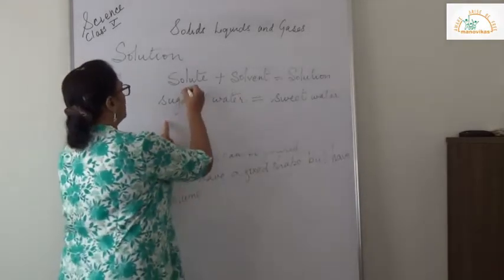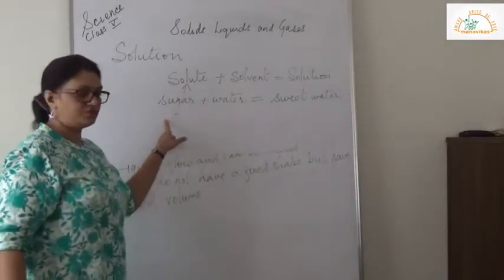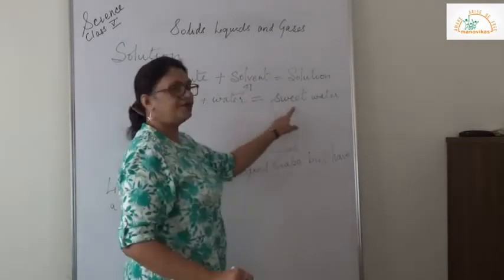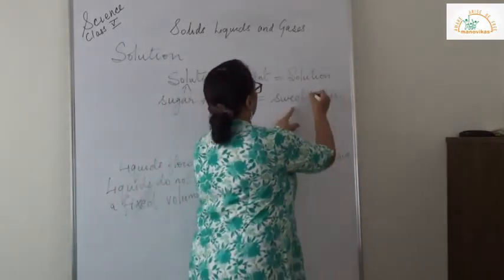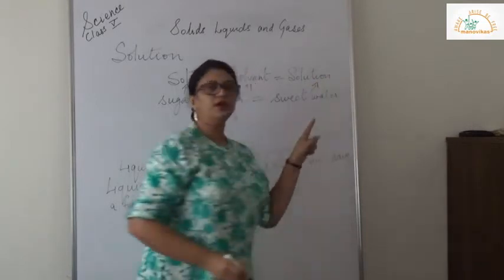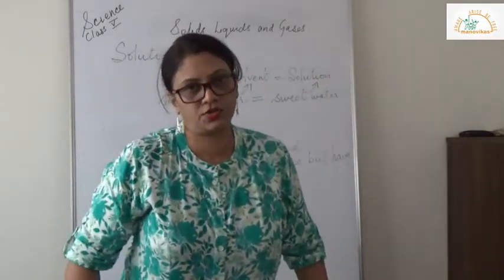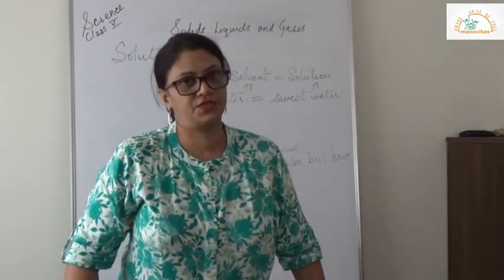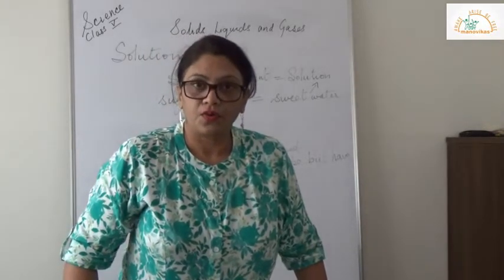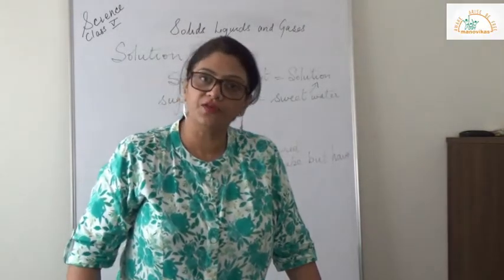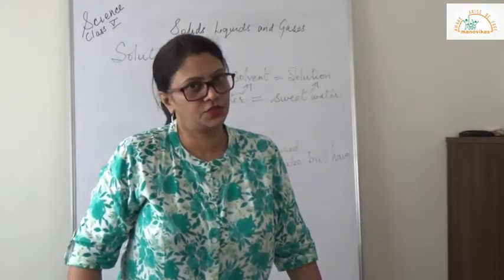So, sugar is the solute, water is the solvent, sweet water is the solution. Another example would be salt. Salt is the solute, water is the solvent, salty water is the solution.